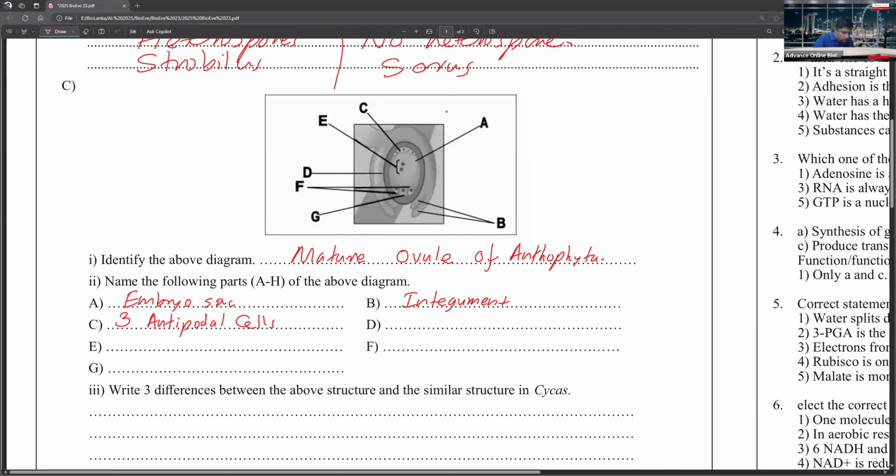I think D, ovule. I'll take it as ovule, not clear. Can be nucellus or maybe I'll take ovule. Megasporangium, ovule. E, two polar nuclei. F, synergids. G, I'm taking as egg cell.